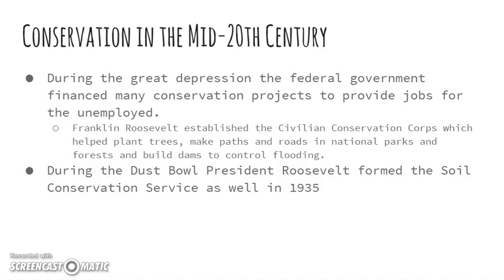And basically they went around and made trees, they made paths, roads, all kinds of things within the national parks. So if you go hiking in a national park, the Civilian Conservation Corps made that path for you to hike on. And this was so that they could create jobs. During the Dust Bowl, President Roosevelt formed the Soil Conservation Service in 1935.